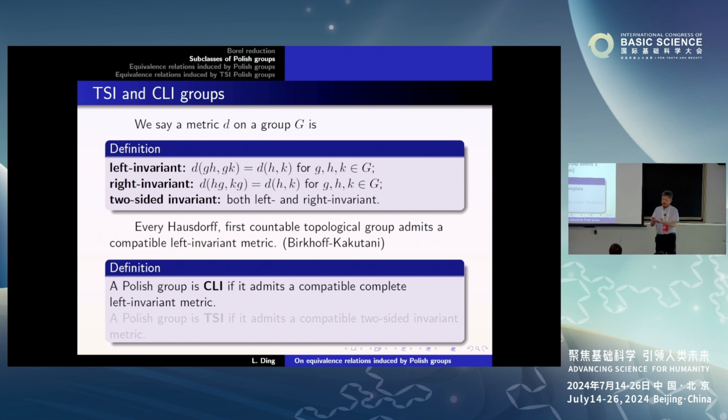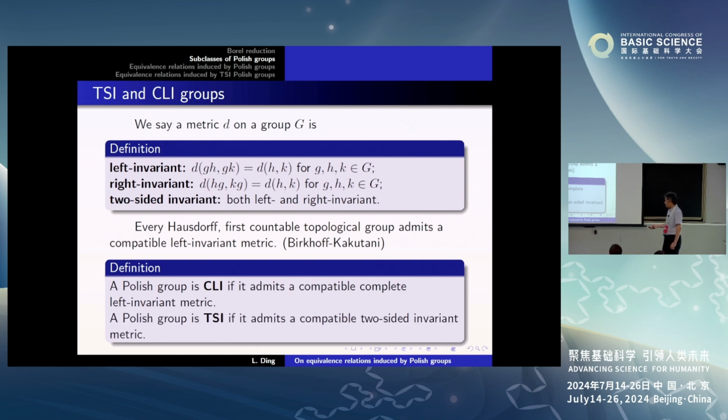But can we find a metric D that is both left invariant and also complete? In general, we cannot find such a metric, but if such a metric exists, we say this group G is CLI. CLI means complete left invariant.